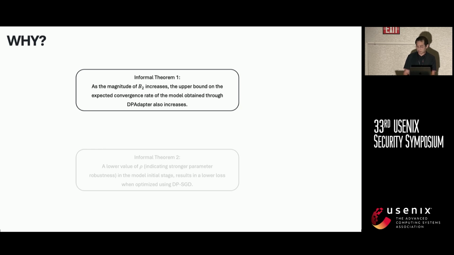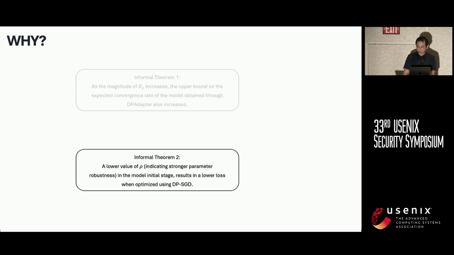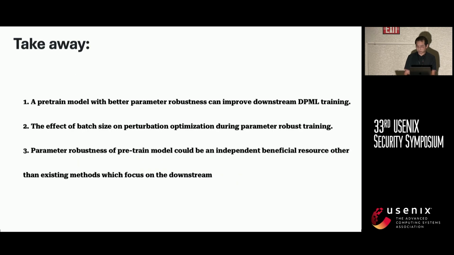This implies that a larger B2 is likely to lead to a better optimization minimum. Second, theorem 2 provides a theoretical explanation for the effectiveness of DPAdapter. Starting from a point with higher parameter robustness, enabled by DPAdapter, DPSGD can achieve a minimum with lower loss.